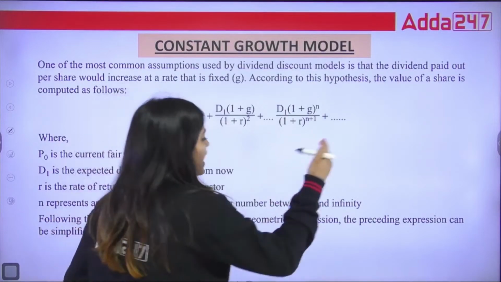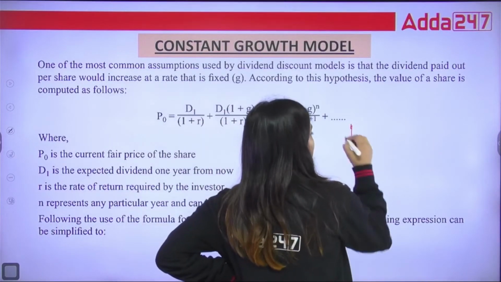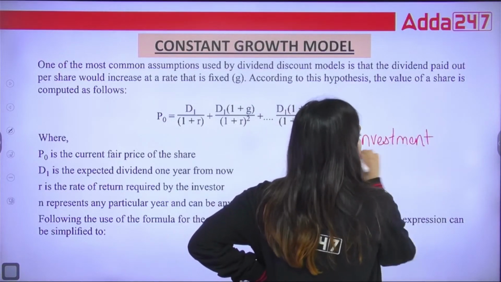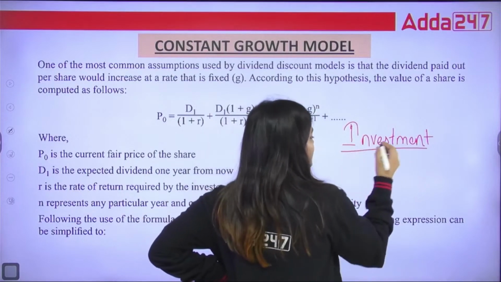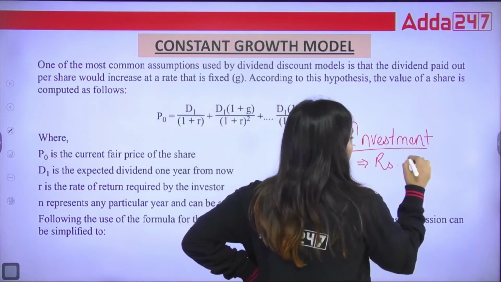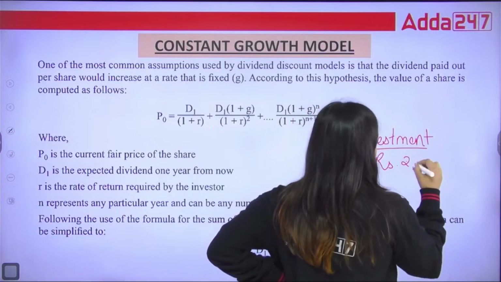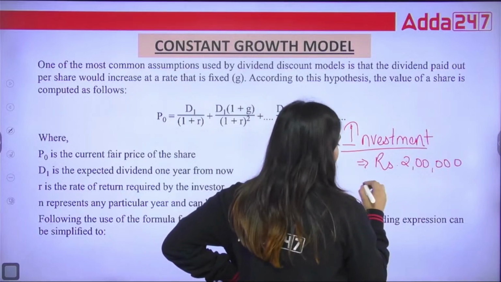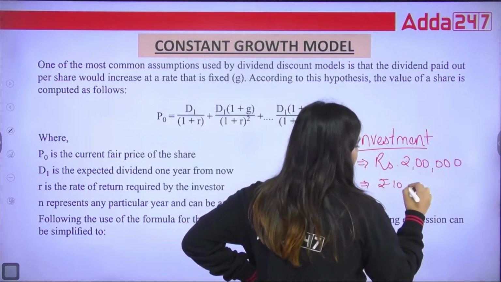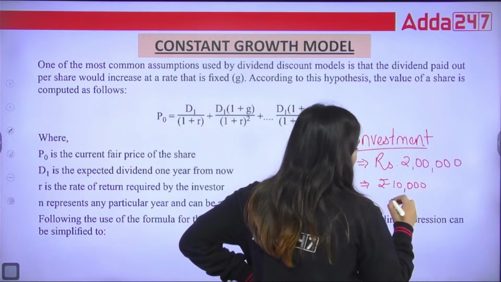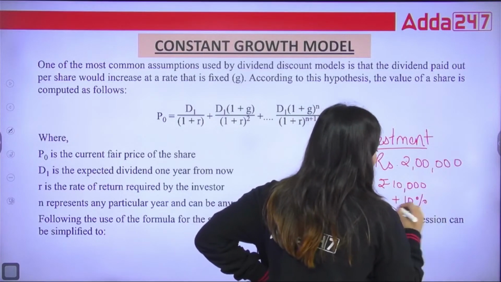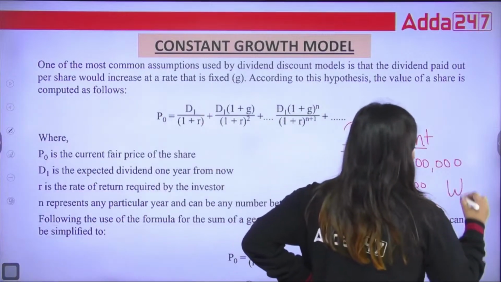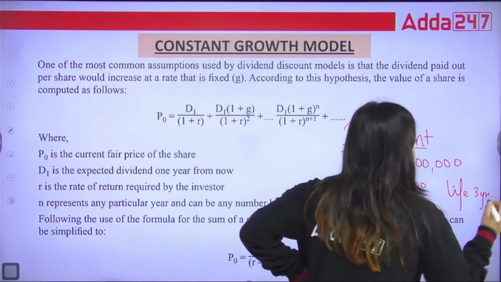Suppose at the time of issuing of any investment that you are making, they said that your investment amount is rupees 2 lakh, and every year you are going to get rupees 10,000, but the value will increase by 10%, and suppose life is 3 years.